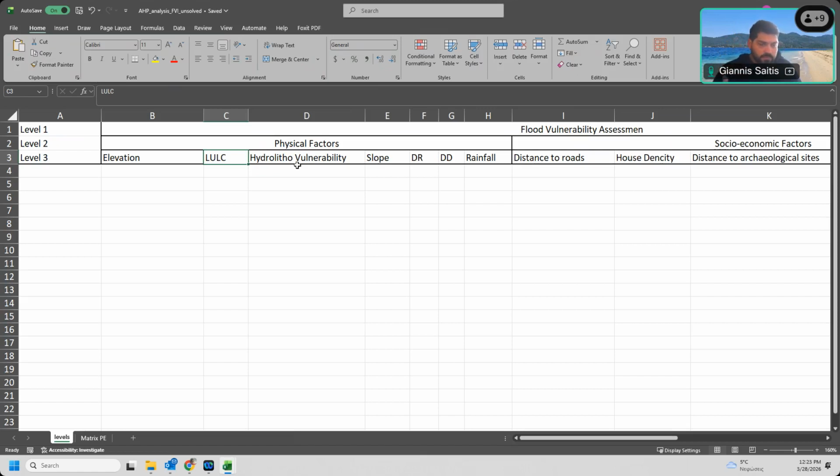So we have to understand what kind of geology or soil we have in order to validate how much water is going to infiltrate or not in the specific areas.